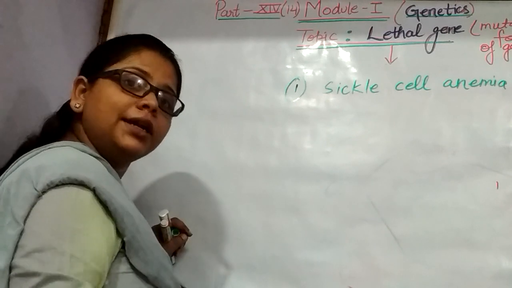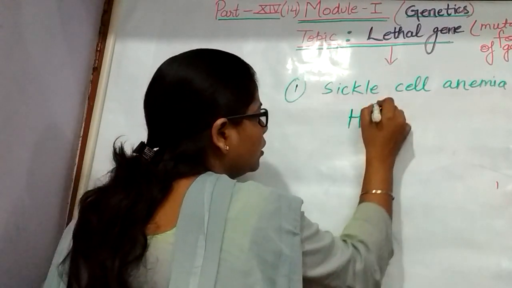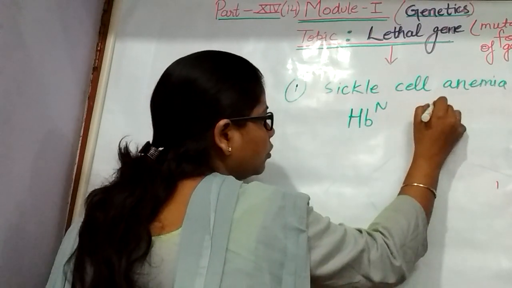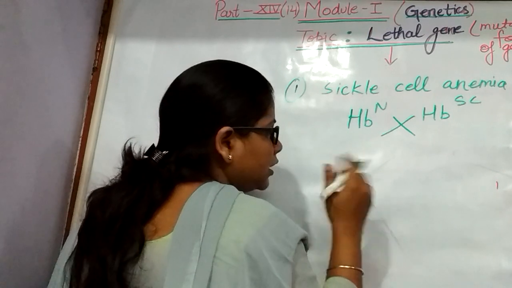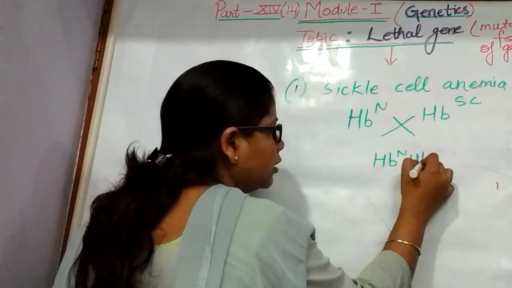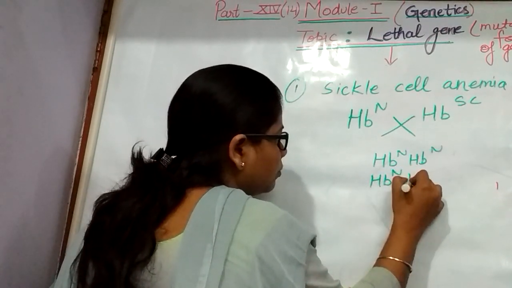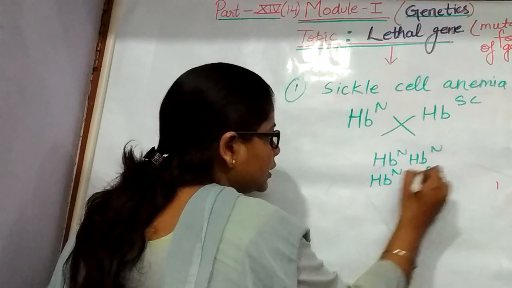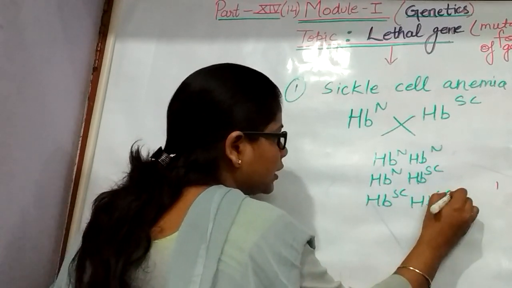Recessive lethal or dominant? It is recessive lethal. So you can say hemoglobin normal and hemoglobin sickle cell. If we are performing a cross between these two, so two genotypes will occur, na? Hemoglobin normal, hemoglobin normal, hemoglobin normal, hemoglobin sickle cell, hemoglobin sickle cell, hemoglobin sickle cell.